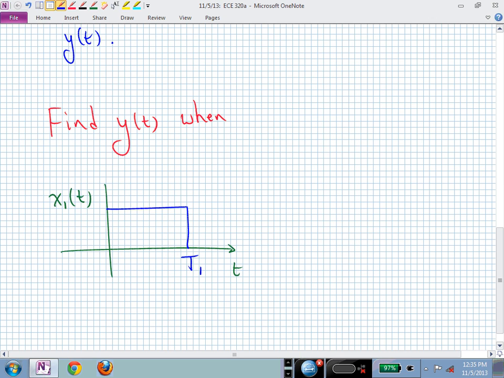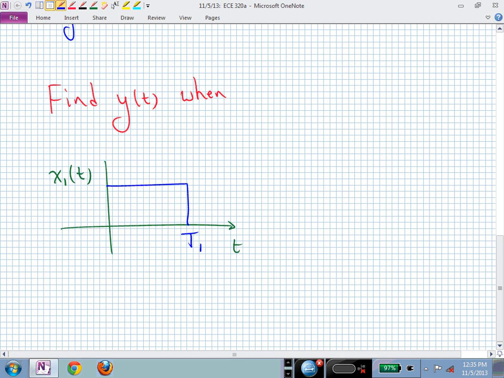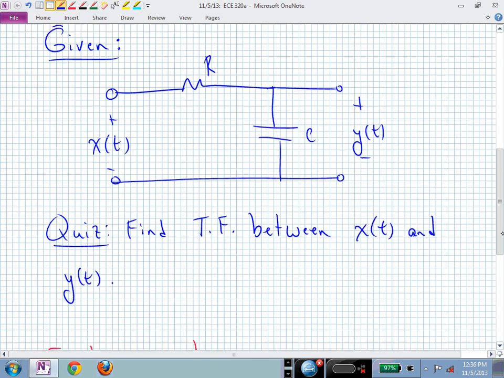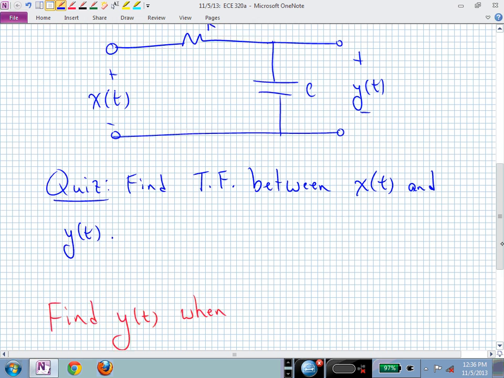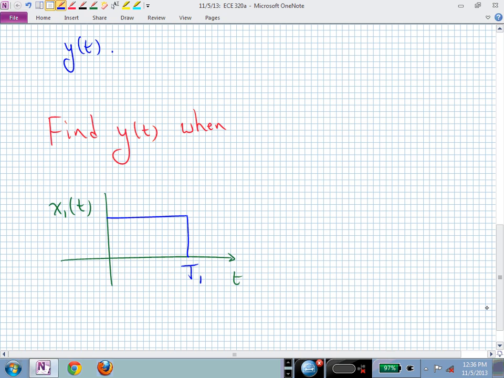There's your first input, x1. So what is y of t for that input? Do you have some insight into what the output might look like if you applied x1 of t to this circuit? That's what I want you to start developing, some intuition into what the output might look like if we applied this input.